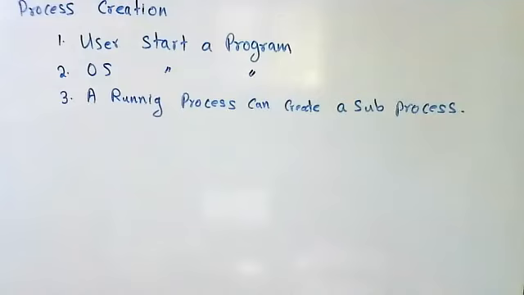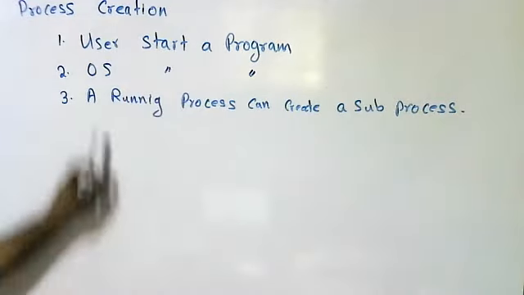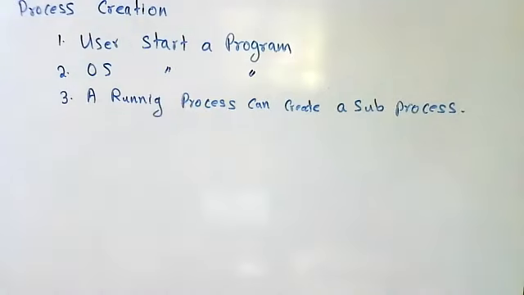You can see all the processes running on the CPU by going to the task manager. If you press Alt Control Delete, you can go to the task manager. The task manager shows how many processes are running currently. So we are starting some processes, but whenever the computer starts, there are some background processes running. Those processes are started by the operating system.